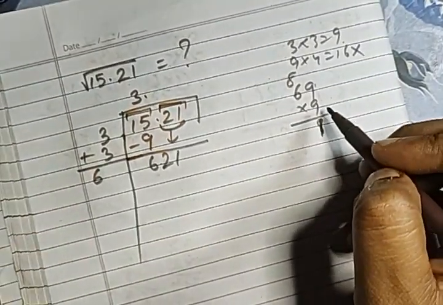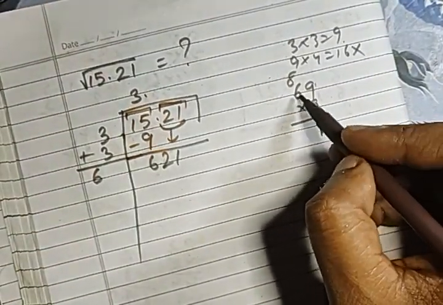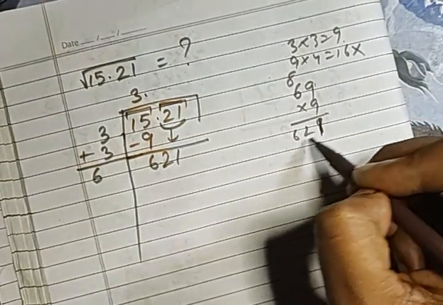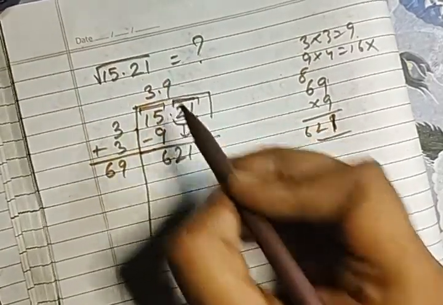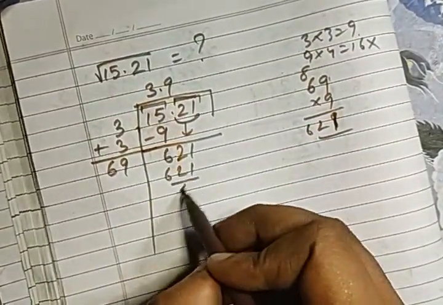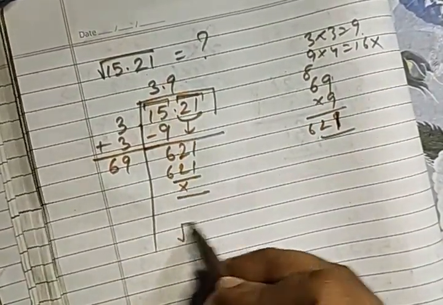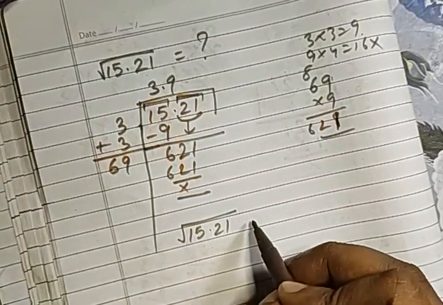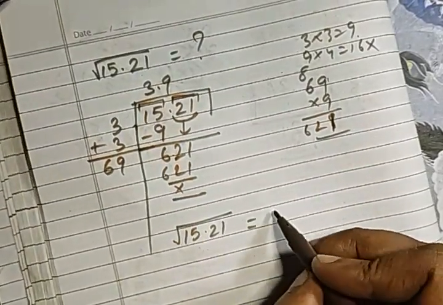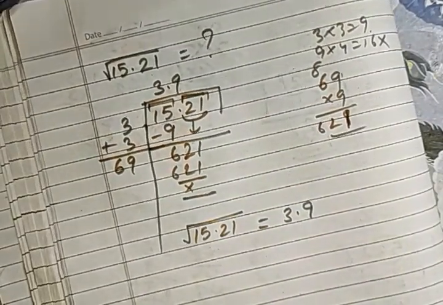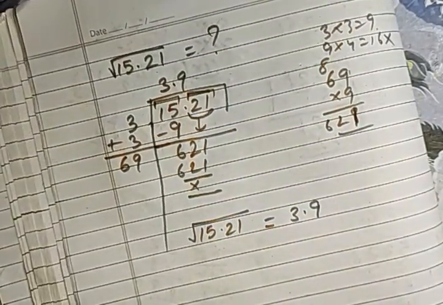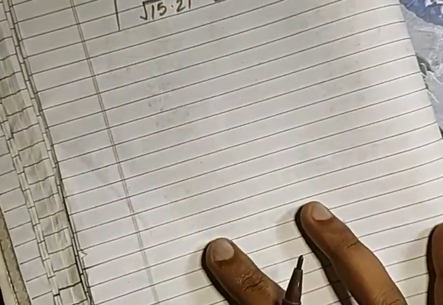So 6 9s are 54, 54 plus 8 is 62. So 621 came. So that means we can take 69, 9s are 621. This is getting divisible. So therefore the root of 15.21 we are getting 3.9.